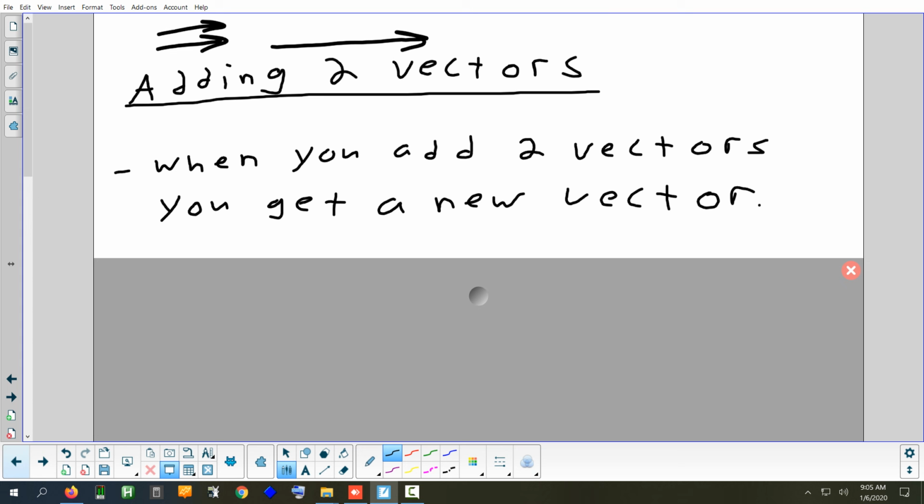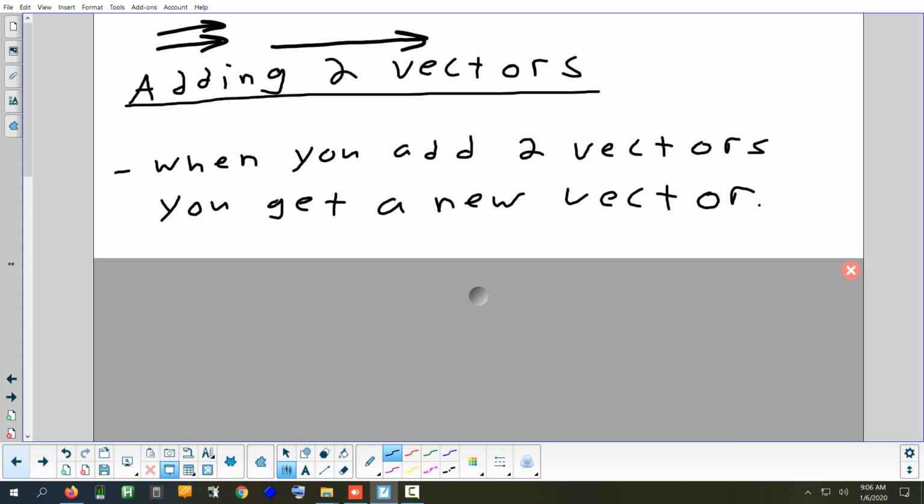So the ball is going to slow down quickly because of the wind. Just because 2 forces are in the same problem doesn't always mean they work together. Sometimes they fight each other, sometimes they work together. It depends on the problem. But whenever you have 2 vectors, 2 forces, 2 velocities in the same problem, and you combine them, you get a new vector.